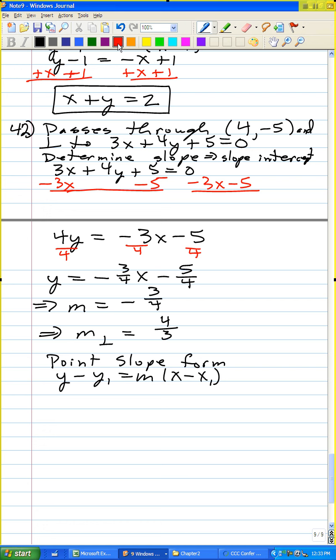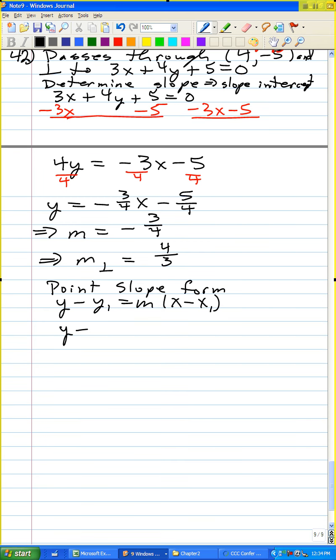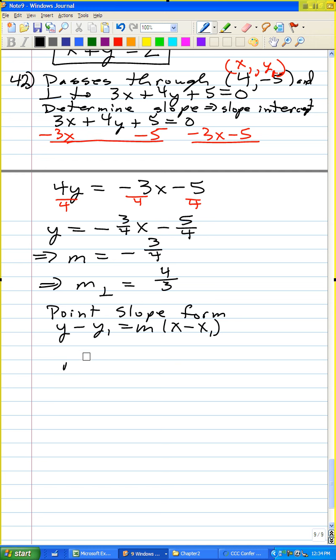And so I have the point (x1, y1). And I have my slope. And so I have y minus y1, which is negative 5.